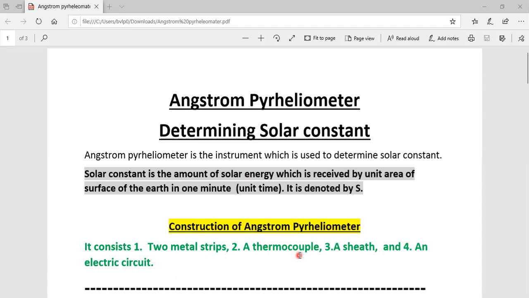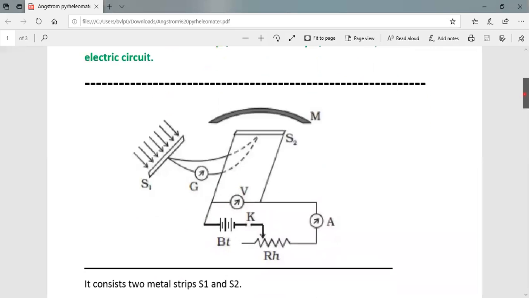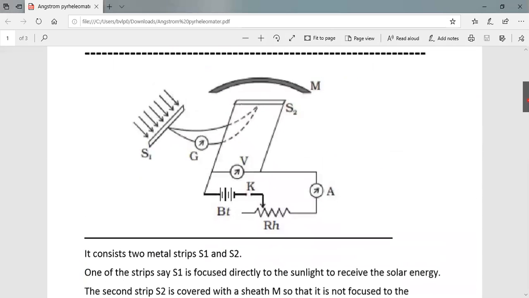A thermocouple is a combination of 2 conductors or metal wires joined at the 2 ends, making 2 junctions, which is used to measure the thermoelectric EMF and current. A sheath covers one of the strips to protect it from the sunlight, and an electric circuit with a battery, rheostat and an ammeter. So these are the main components to construct the pyrheliometer.